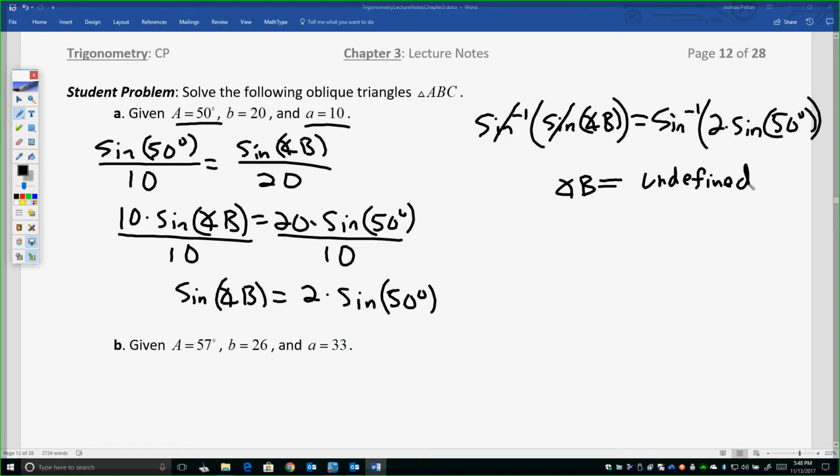Because in fact, 2 times sine of 50 is about 1.5, which is not within the sine range. Sine should have been within 1 and -1. So because that's undefined, there is no possible triangle, which means the side length is too short. So no matter how you change the angle, you can't get a possible triangle. Okay, there's no triangle there. Okay, let's try the second one.